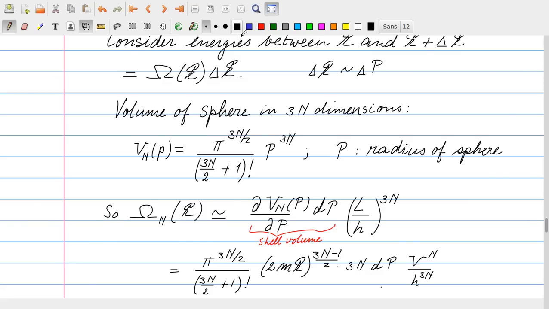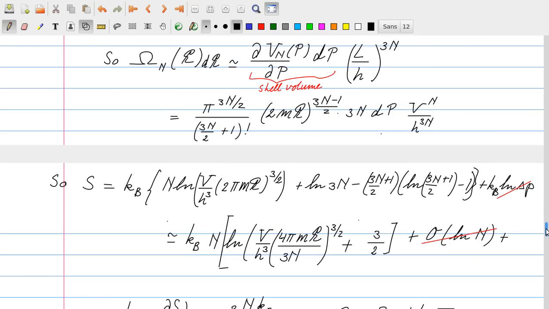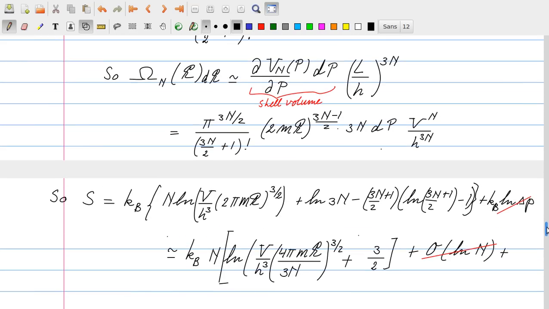And if you want to do this really correctly, I need to multiply here by dE, a small energy width. And then we have this formula which is correct, and for the volume here we take the derivative of this expression. Now, having the Omega, we can find S just by applying S = k ln Omega, and then we find the following expression.